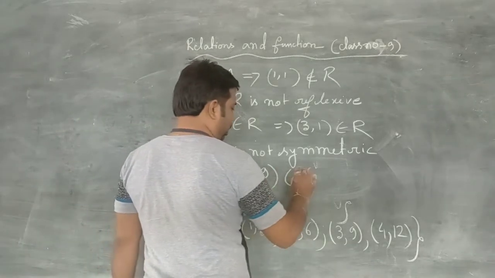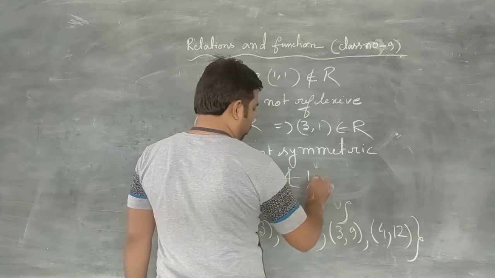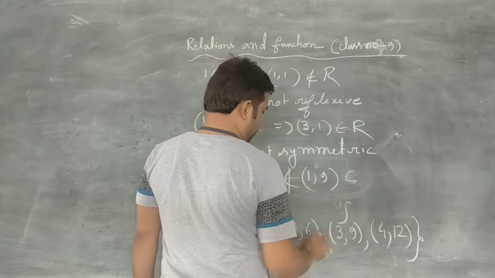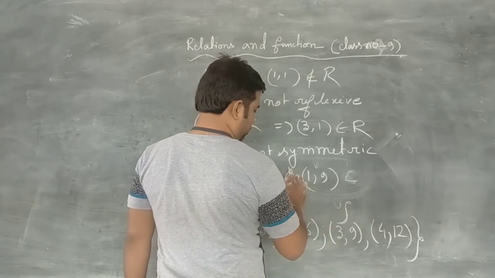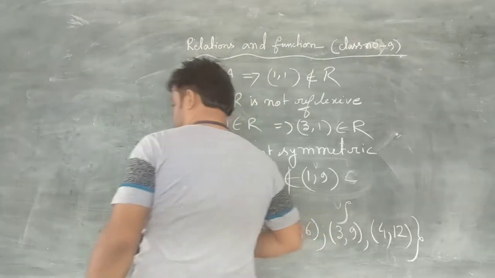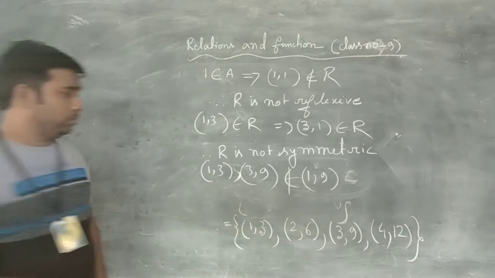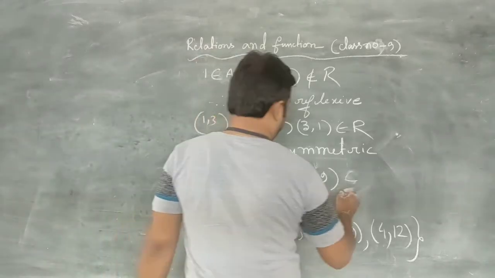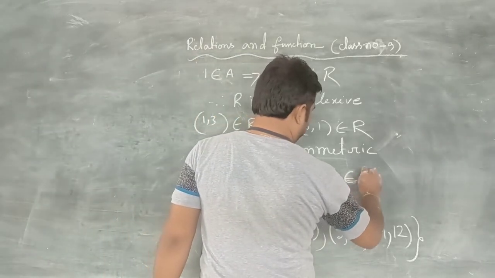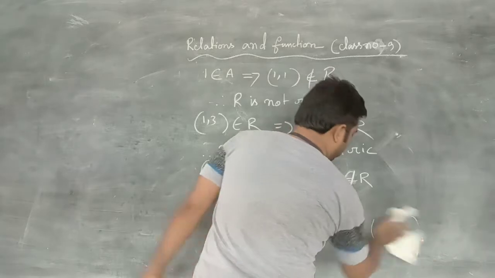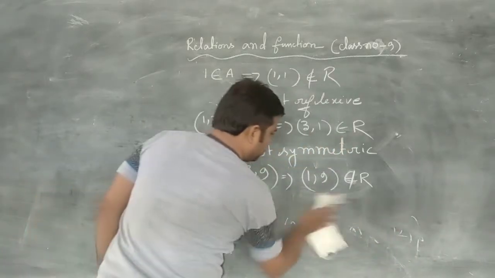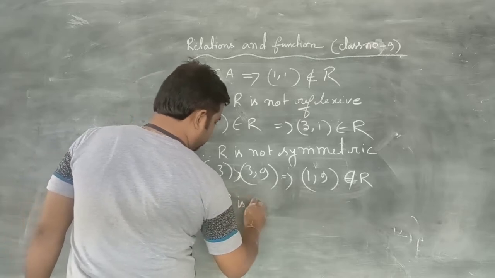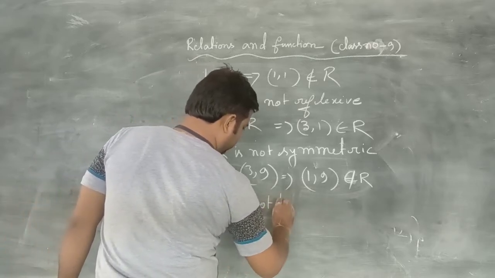So considering the common element, (1, 9) does not belong to R. This implies that (1, 9) does not belong to R, so R is not a transitive relation. R is not transitive.